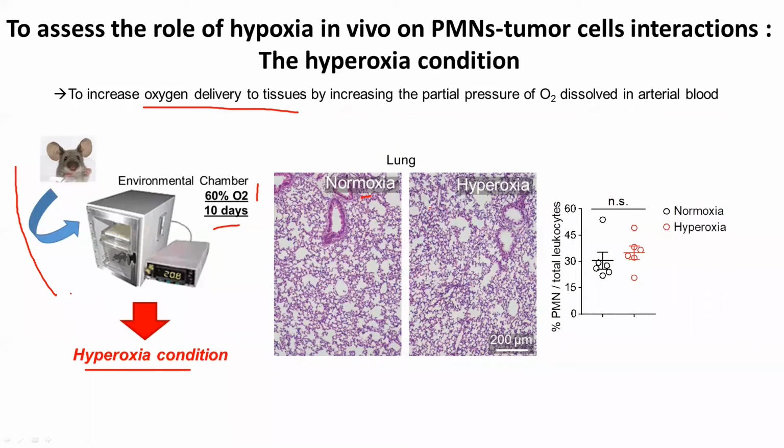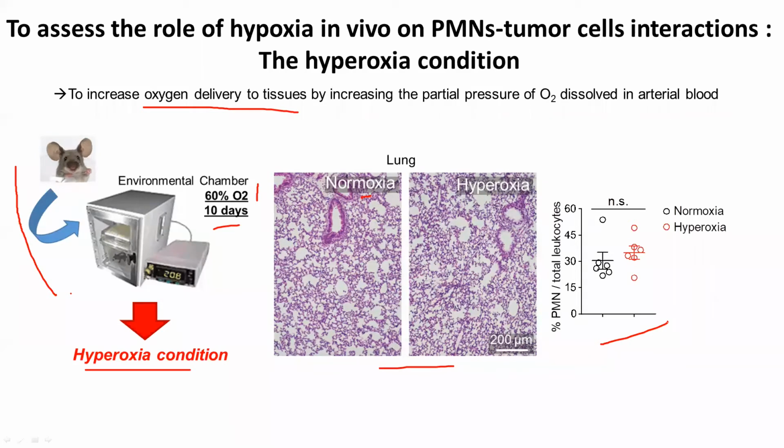Importantly, this system has been previously shown to improve tumor oxygenation in the non-pregnant uterus. As you can see here, we didn't find any sign of lung inflammation nor recruitment of pro-inflammatory leukocytes, which is consistent with long-term exposure to 60% oxygen observed in other species.